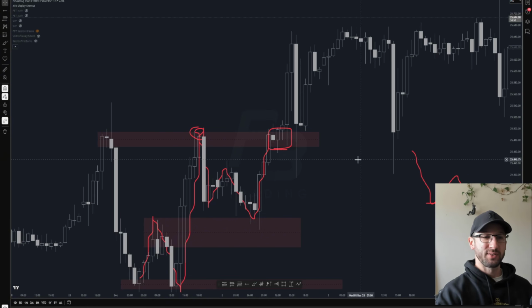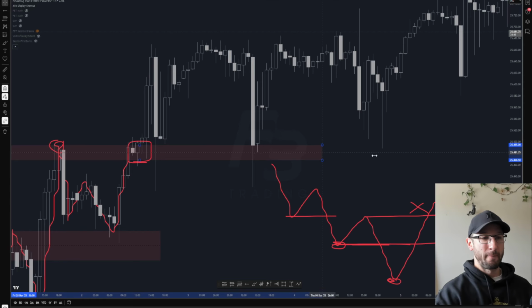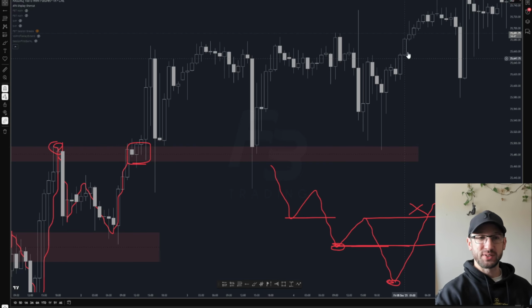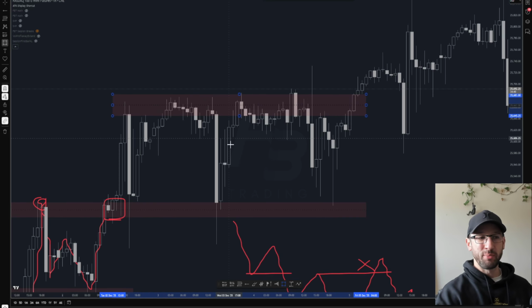And then we get the bounce. And then we get the bounce again, and again. But now we can go back to that area and say, hey, this area is holding price. Now we've got the commitment through.